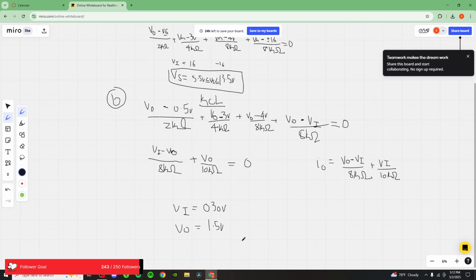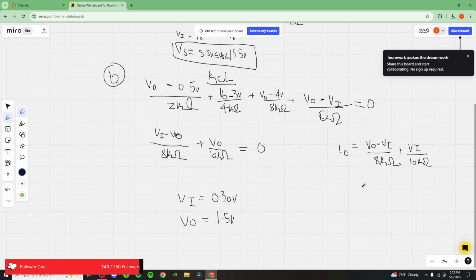And you get the following value: I0 is actually equal to 1.8 milliamperes.